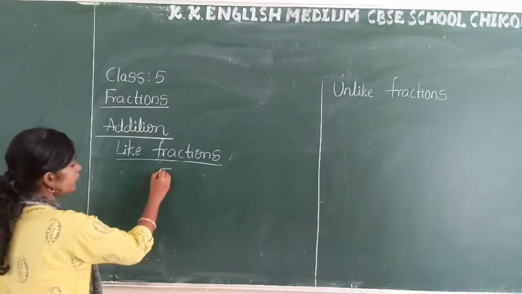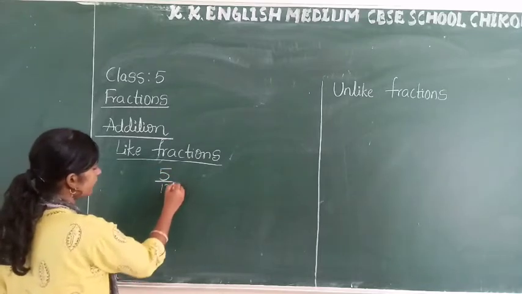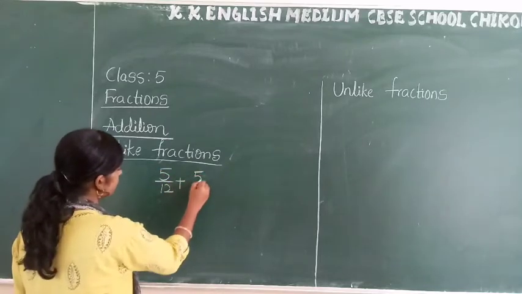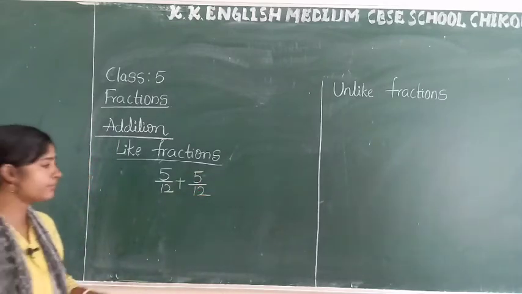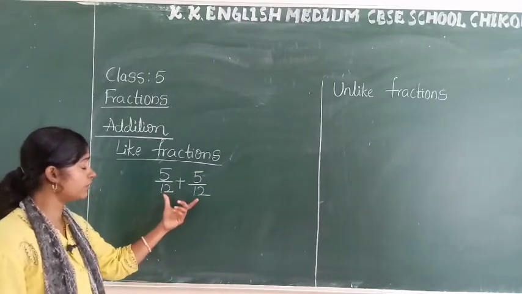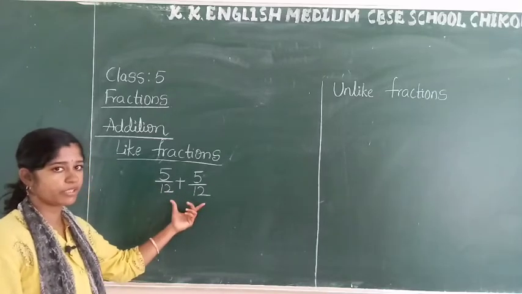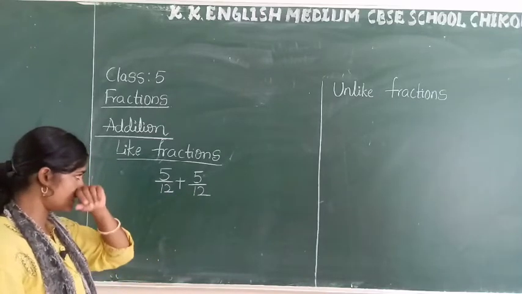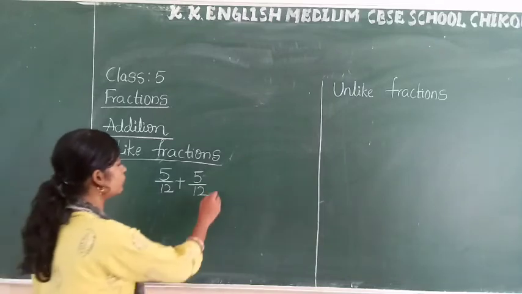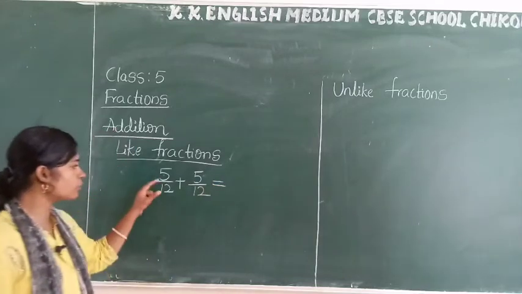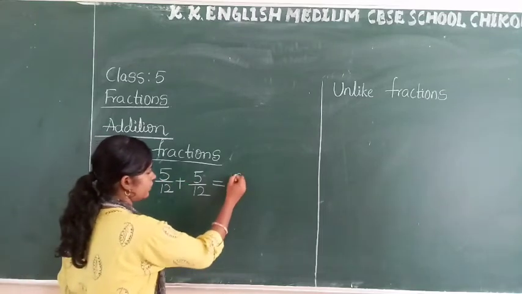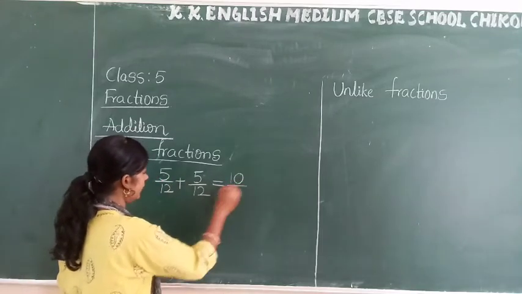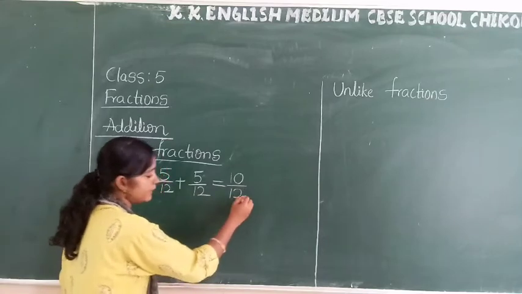Here, 5/12 plus 5/12. What are like fractions? Fractions having the same denominator are called like fractions. In this case, you have to add only the numerators. 5 plus 5 is 10, and the 12 you write as it is.